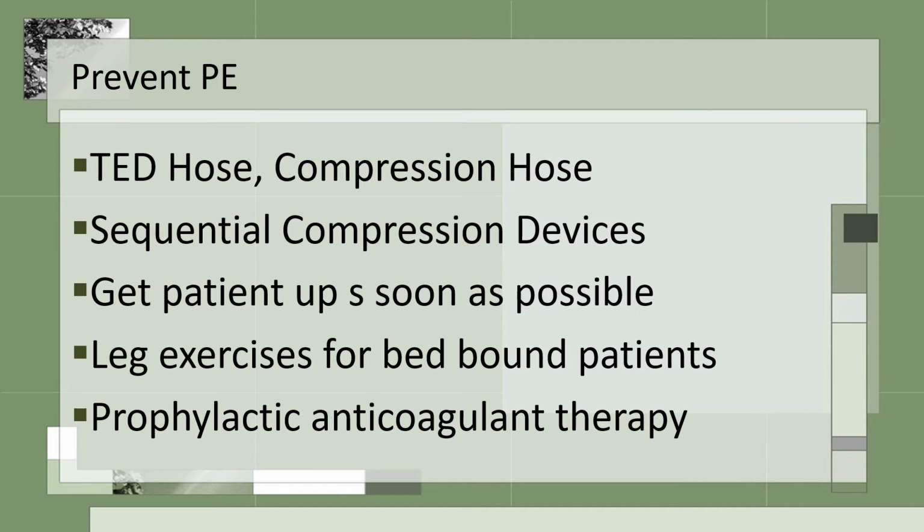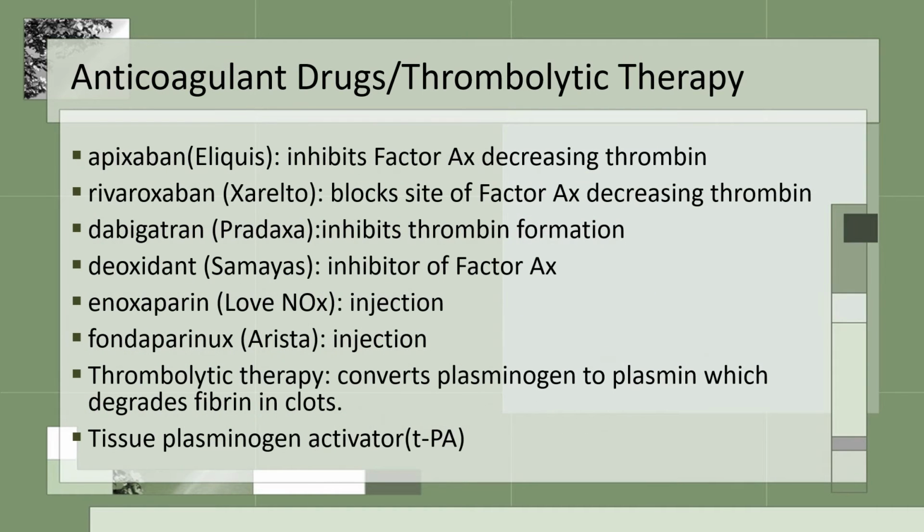We can prevent PEs by using TED hose, compression hose, sequential compression devices, getting patients up as soon as possible after surgery, leg exercises for bedbound patients, and prophylactic anticoagulant therapy. On this slide, I have all of the anticoagulant drugs, including one for thrombolytic therapy.